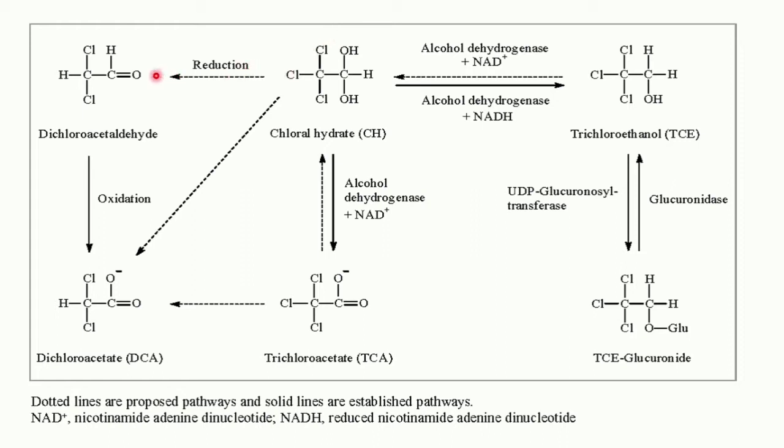Upon reduction, dichloroacetaldehyde is produced, and upon oxidation it produces dichloroacetate. In the case of chloral hydrate, by the enzyme alcohol dehydrogenase in the presence of NAD, nicotinamide adenine dinucleotide, it produces trichloroacetate. This trichloroacetate is also converted into dichloroacetate.